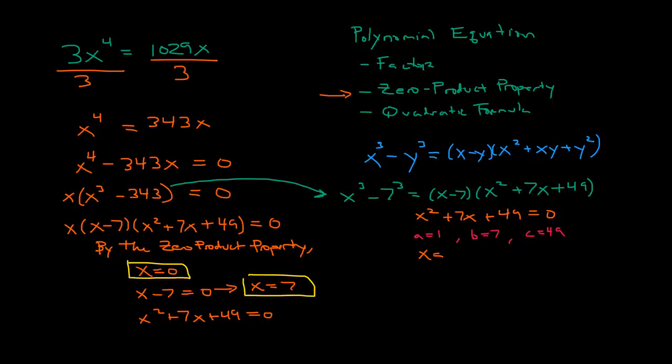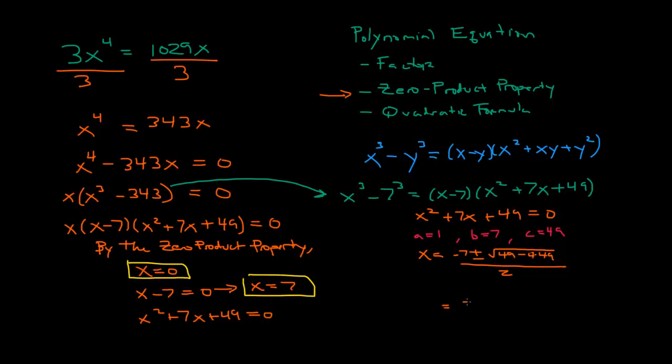So let's see here. We have x equals the opposite of b, so negative 7 plus or minus the square root of b squared, so that's 49, minus 4 times a, which is 1, times c, which is 49, all over 2a, or 2 times 1.